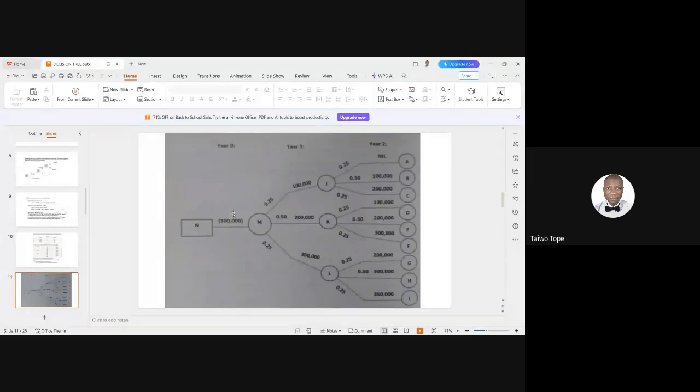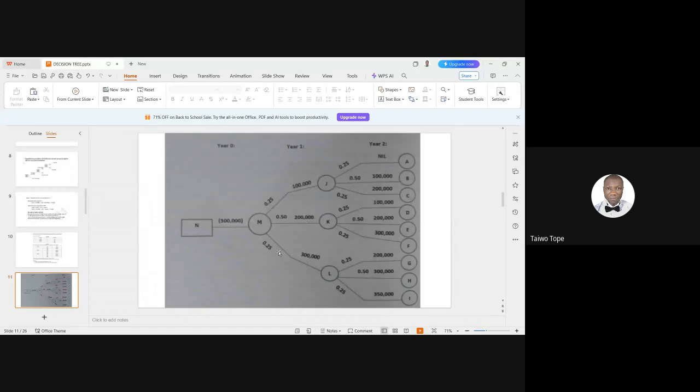You can see it, year 0. In year 1, this 300,000 is expected to bring forth an inflow of 100,000. And there's also a likelihood of it bringing forth 200,000, and 300,000. The associated probabilities, as given in the question, are 0.25, 0.50, and 0.25.